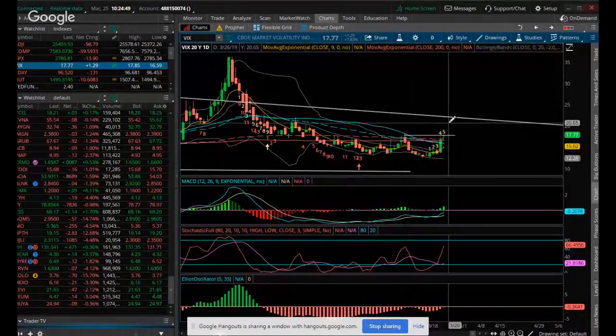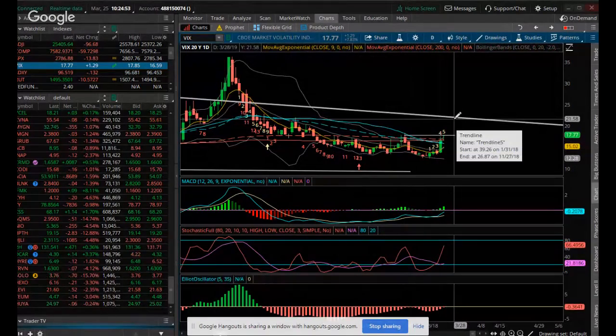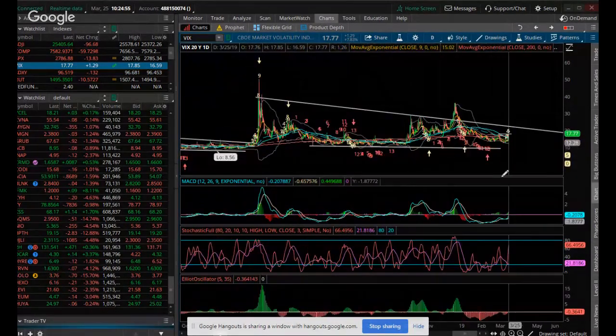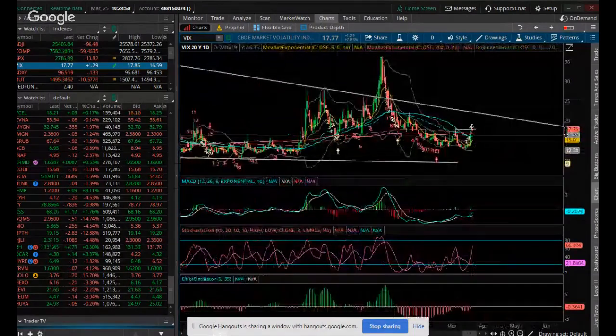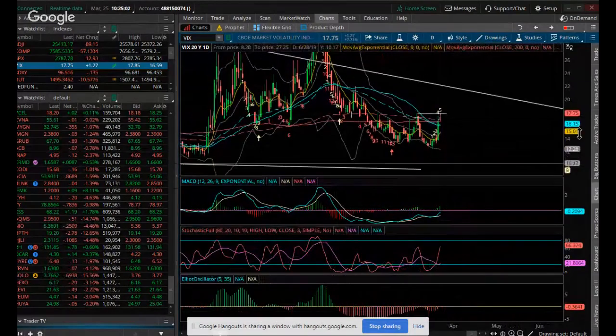So the momentum counter, we're looking for this rally to continue until it prints a 9, which is basically the counter sequence indicator on Thinkorswim.